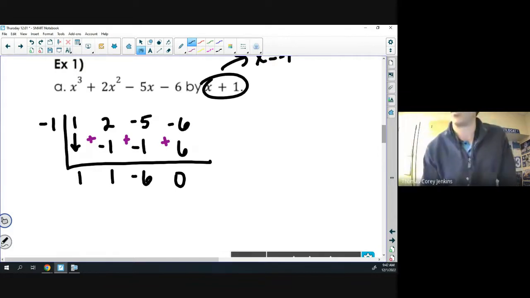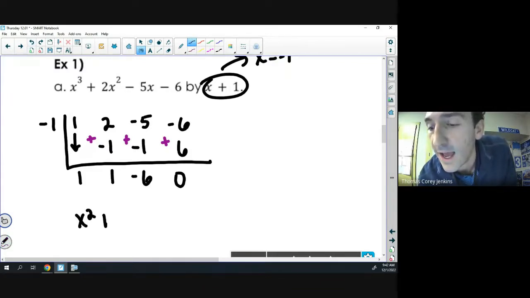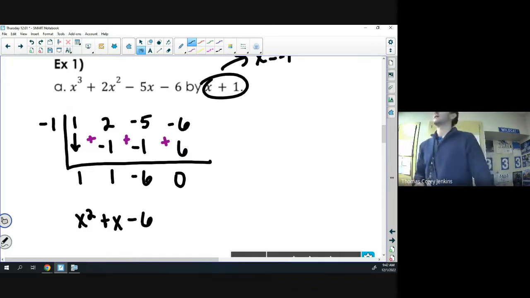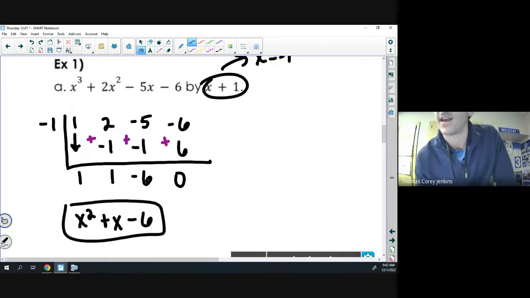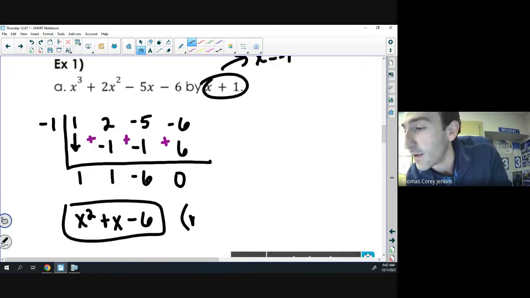This 1 right here is my lead coefficient for x squared. So then it's 1x squared plus 1x minus 6. The last number is my remainder, so I'm going to box this in and just note that the remainder is 0.